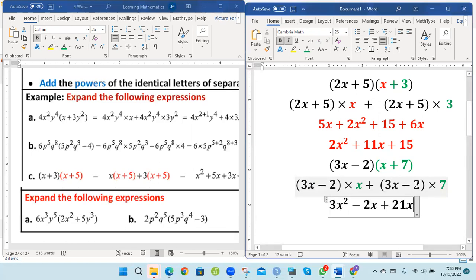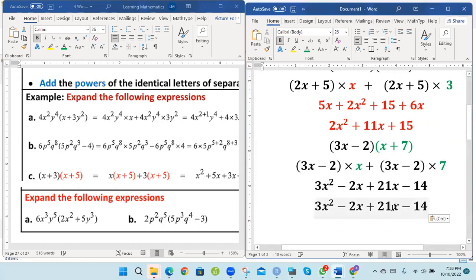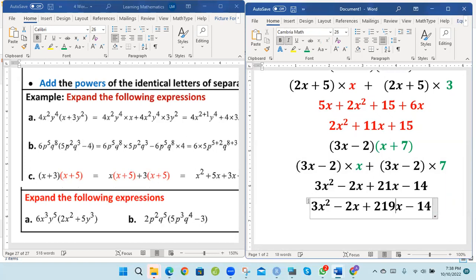And 7 by minus 2 is negative 14. And then you simplify the center term, minus 2x plus 21x. You're going to get positive 19x.